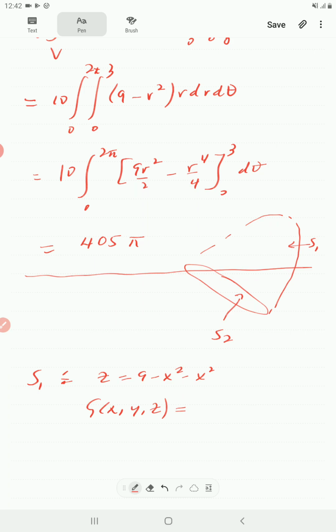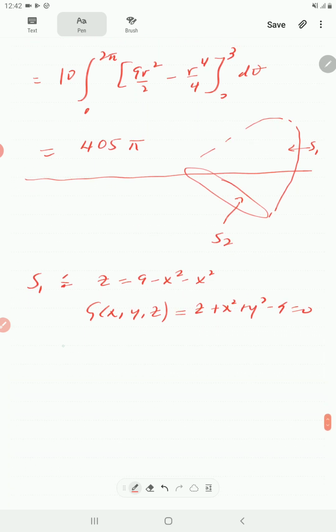That is going to be g equals z plus x squared plus y squared minus 9. Then the normal vector is just going to be the gradient of g. So the gradient of g is going to be 2x, 2y, and then 1.